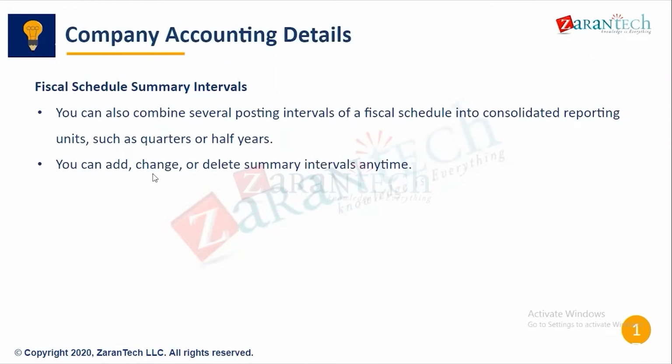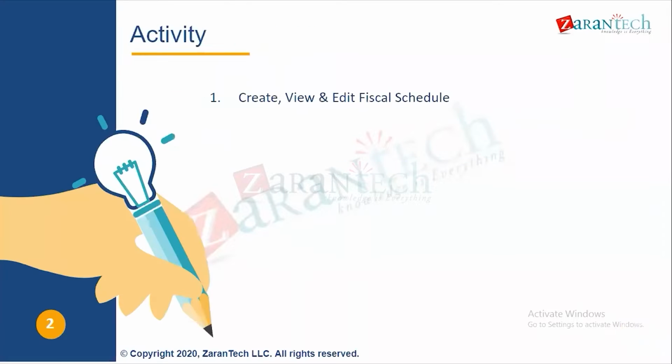You can add, change, or delete summary intervals anytime. Actually, it is not correct to say we cannot change it; we can add, but delete summary intervals anytime. So we did this activity, create and view fiscal schedules.